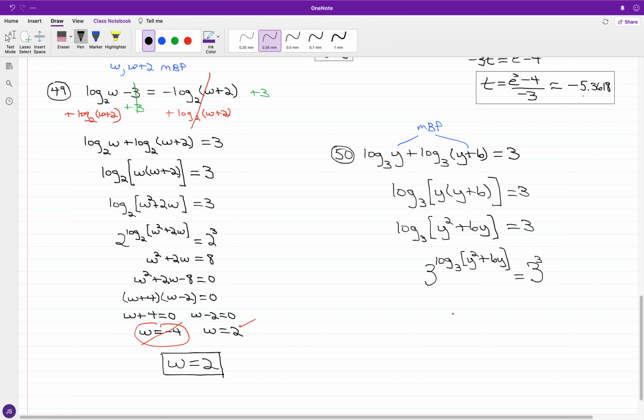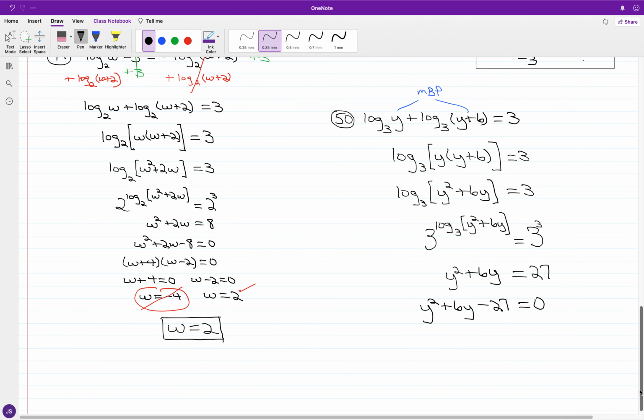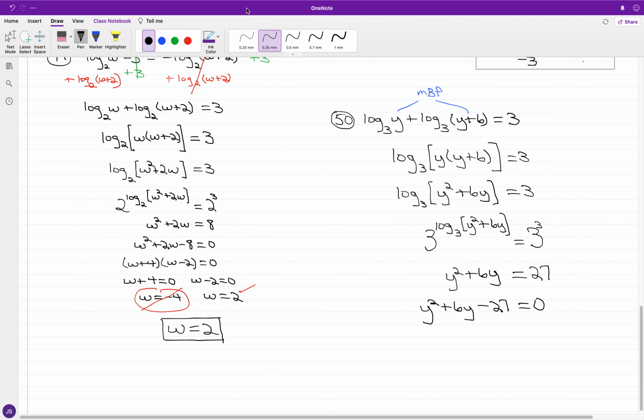So on the left-hand side, we have that y squared plus 6y is equal to, and 3 cubed is going to be 27. And setting this up as a quadratic equation in standard form, I'm going to have y squared plus 6y minus 27 is equal to 0.